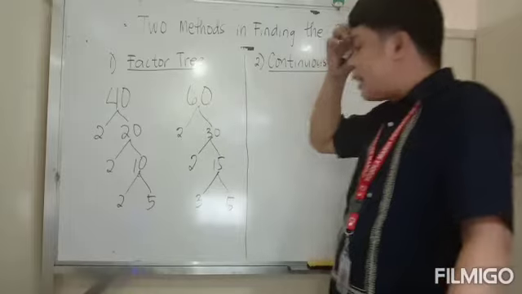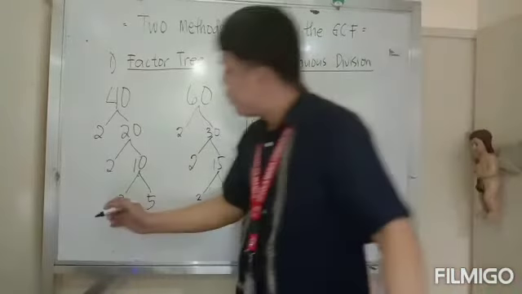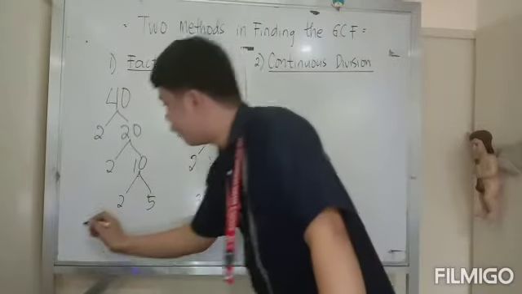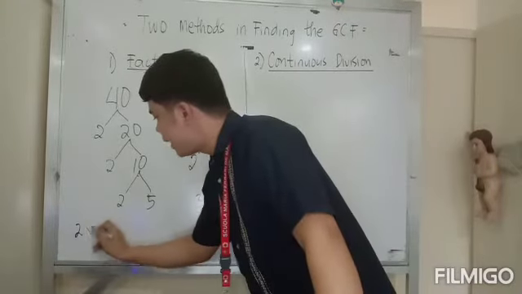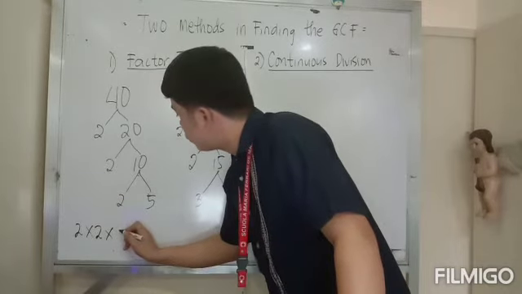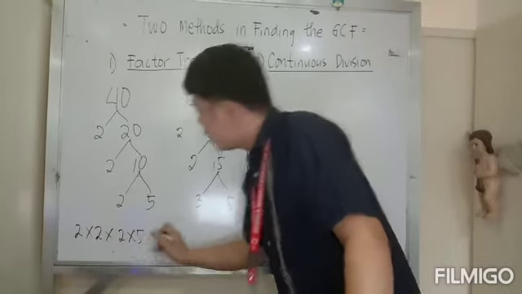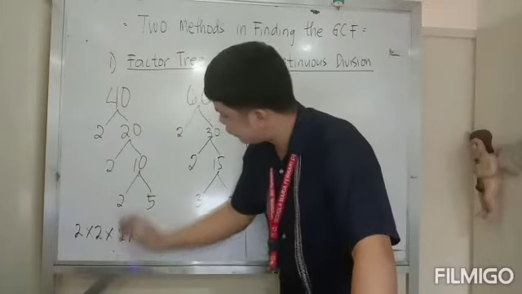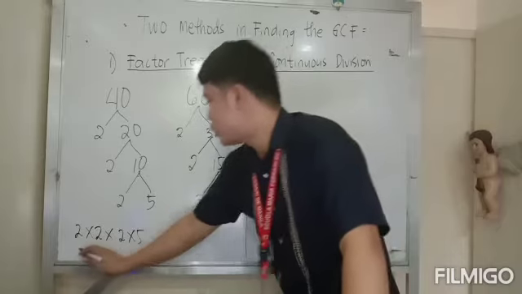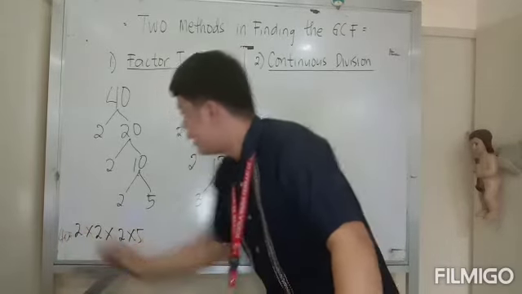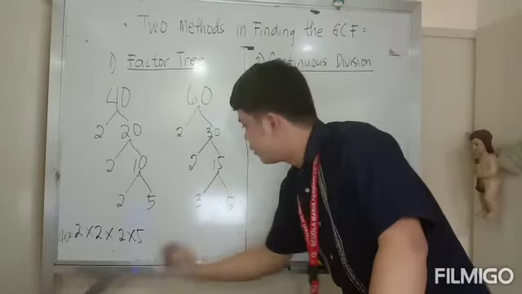After that, guys, you're going to write all the prime factors of 40. So we have here 2 times 2 times 2 and 5. I just got this from here: 2, and then 2 and 2, and the next one is 5. So these are for 40. And next is 60.